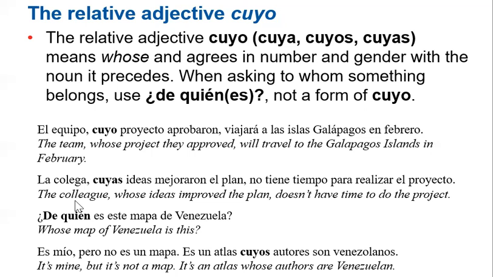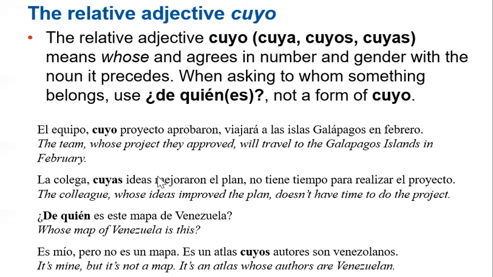So again, whose as a question, whenever using that, whose map is this? Whose class is this? Whose drink is this? You will not use cuyo with it. You have to ask the question de quién, or de quiénes, if you're expecting a plural answer to the question.